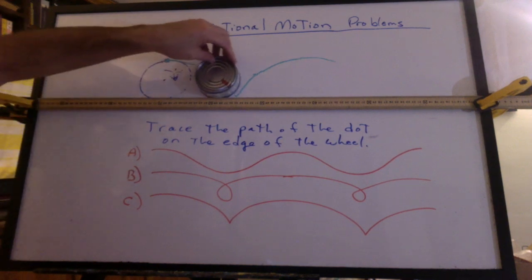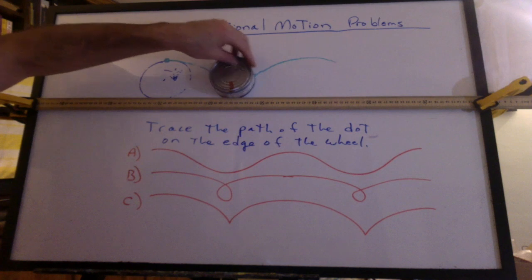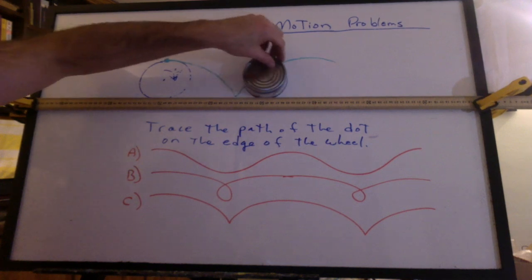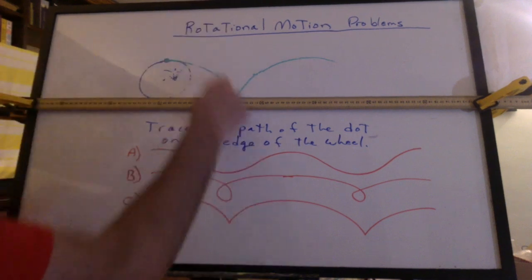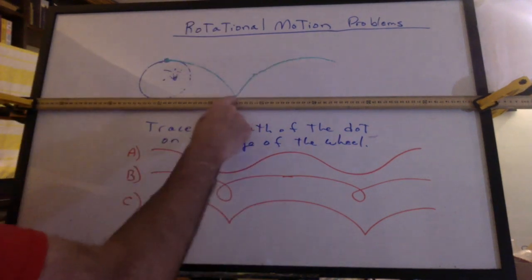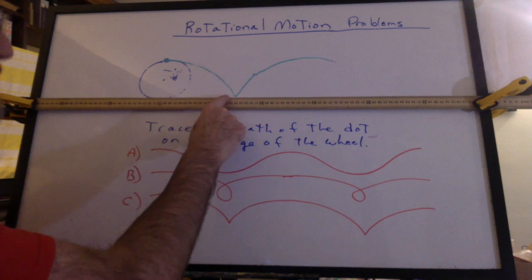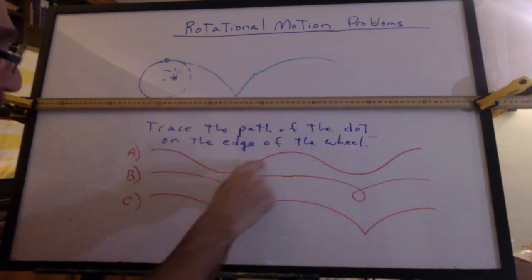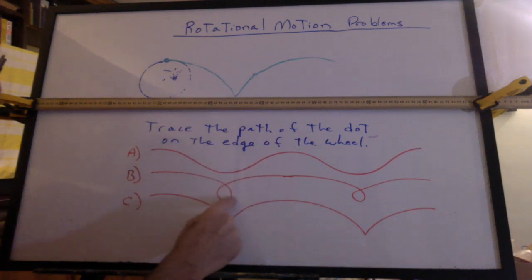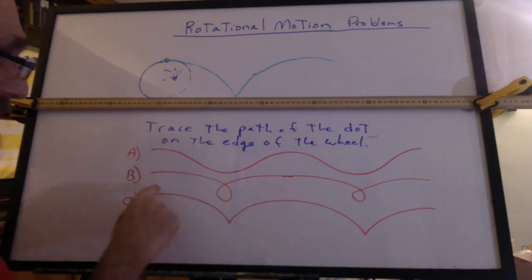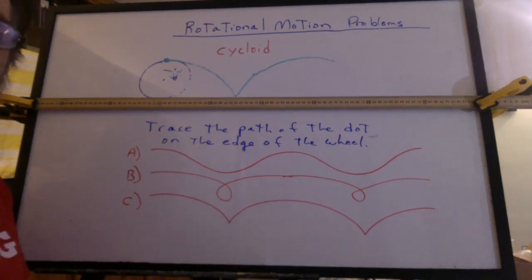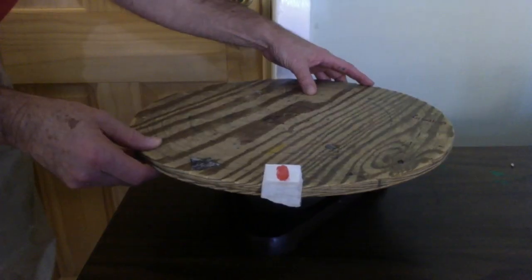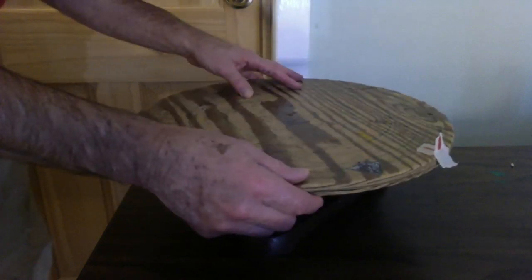When it comes down, it touches, and then it lifts off. So why does it come down, touch, and lift off? Well, we said there can be no skidding here. There's no skidding when it touches. Here, it would be coming forward and skidding forward. Here, it would come down and skid backwards. This is the only path that it doesn't skid at. This is a cycloid.